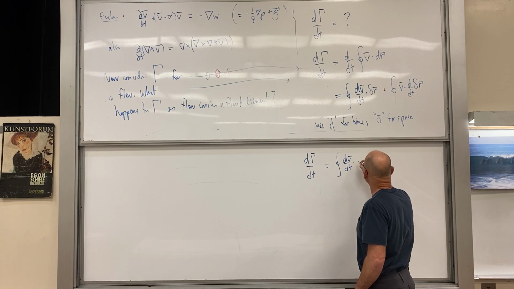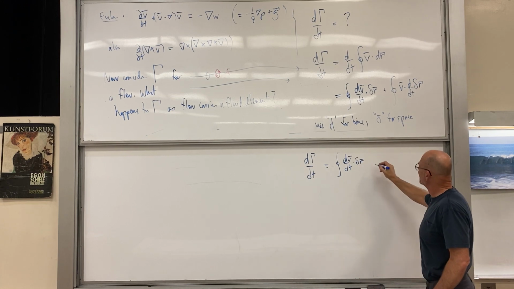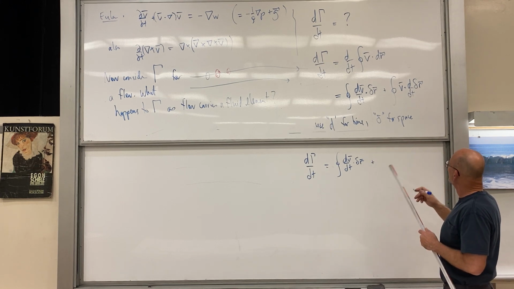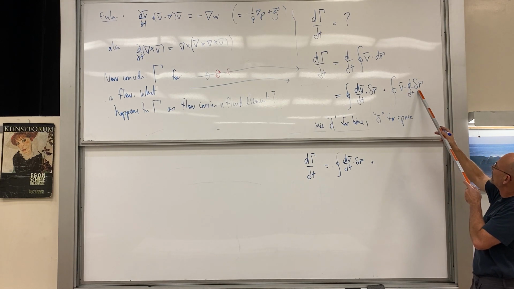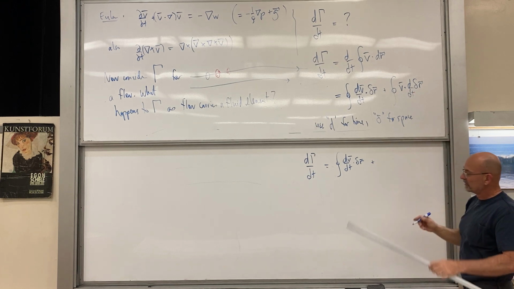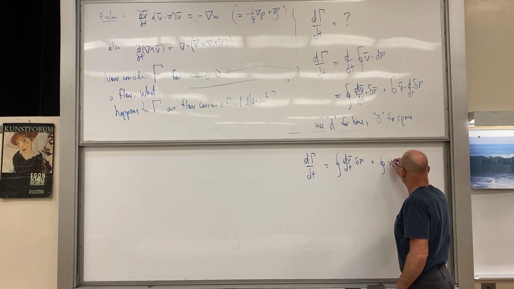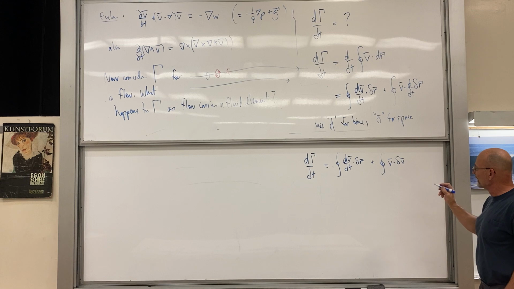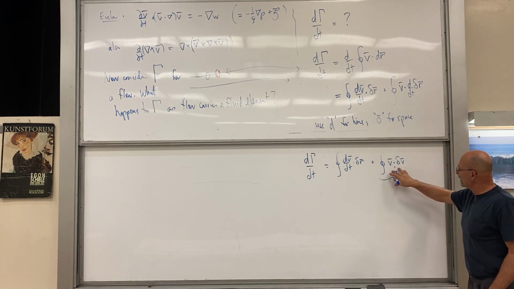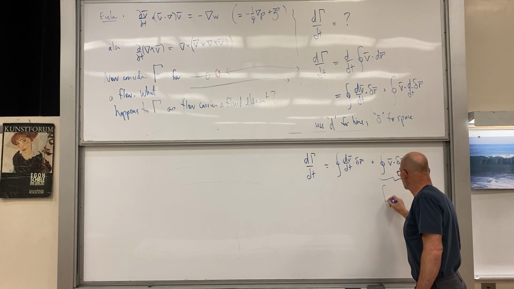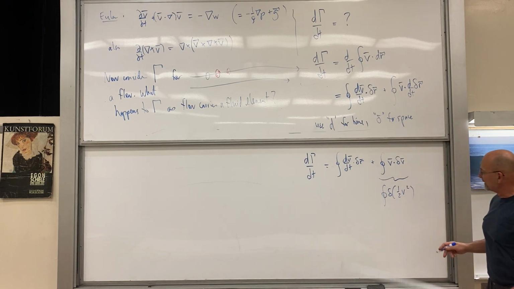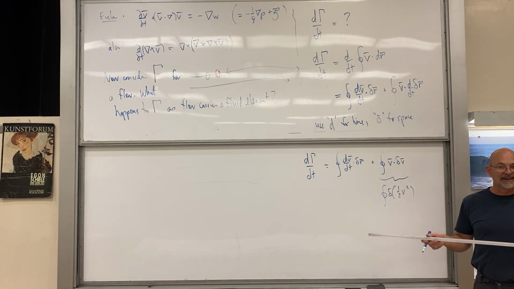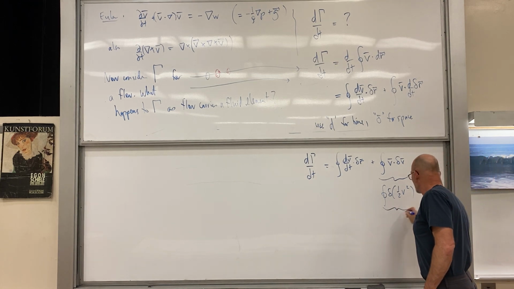Now the second integral, I can exchange the time and the spatial operator, and so I have integral v dot dv like this, and this is the total differential of 1/2 v squared, and the integral of a total differential around a closed path equals 0.